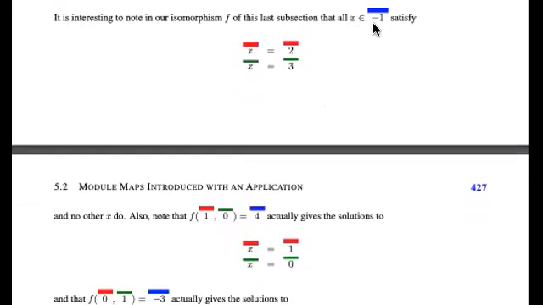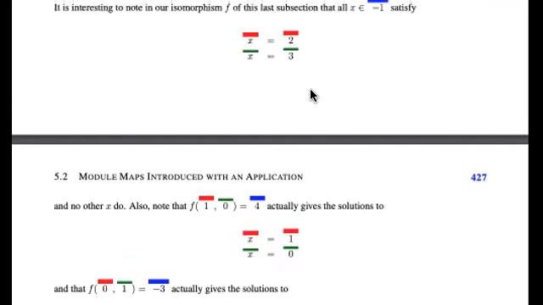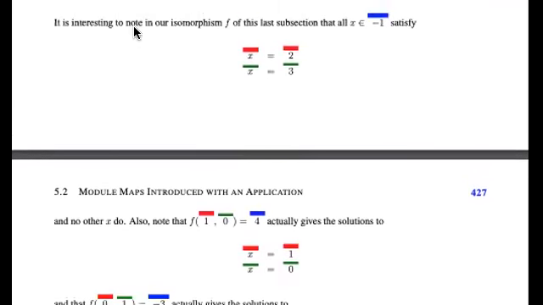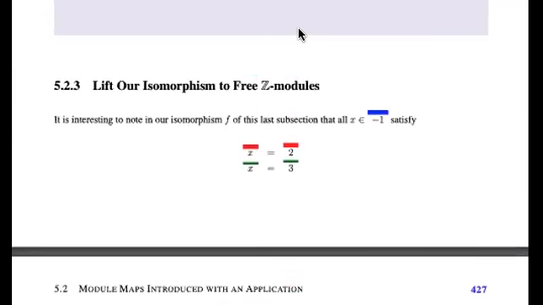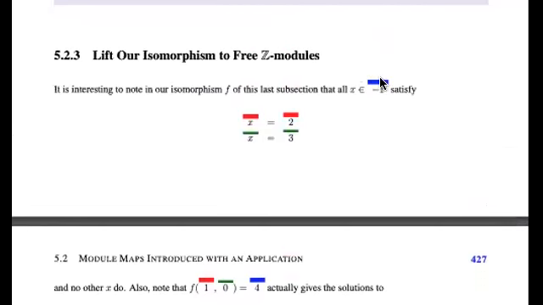So in our isomorphism f of the last subsection, all x in this fiber, the class of -1, so this is all integers in here, like a subset. Let's identify it with its pre-image under the modding map, just in the integers themselves.